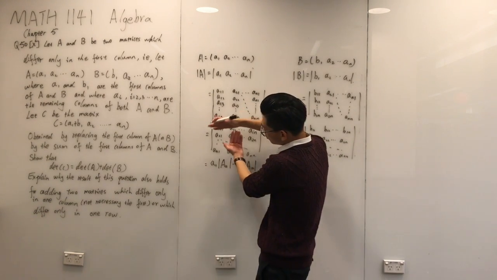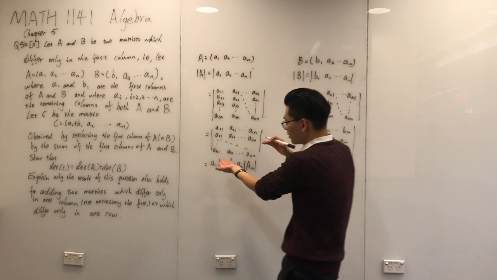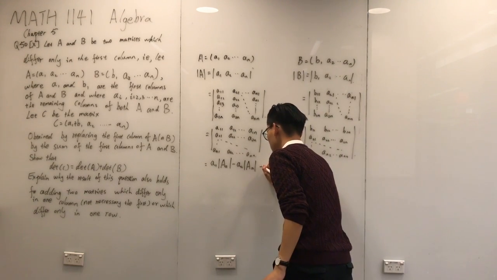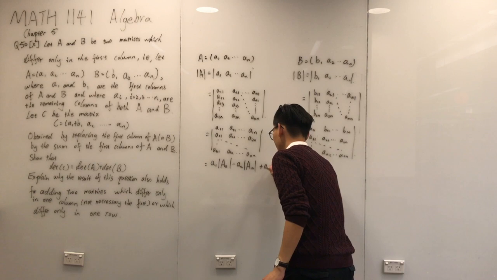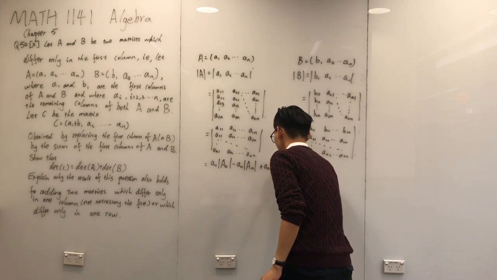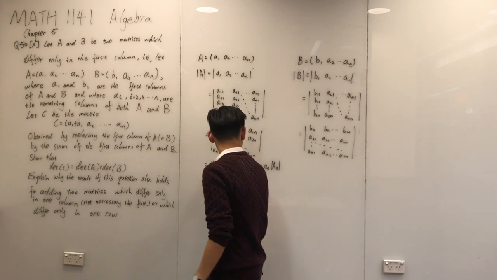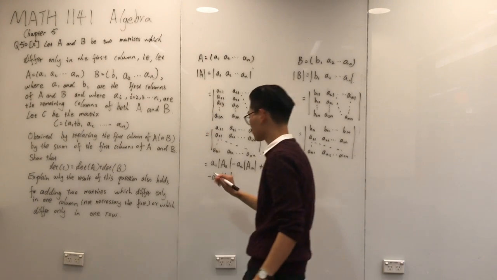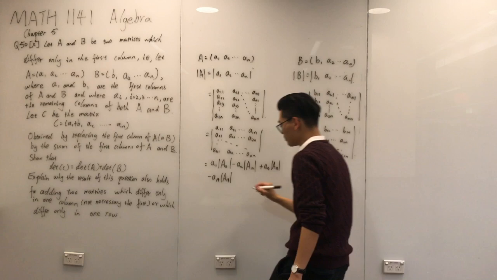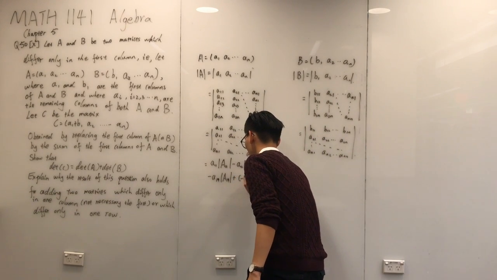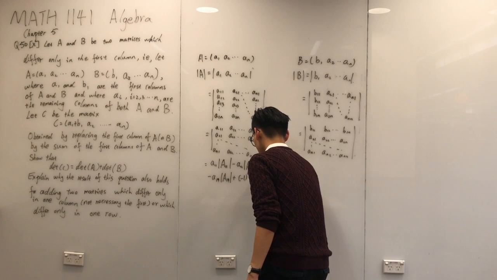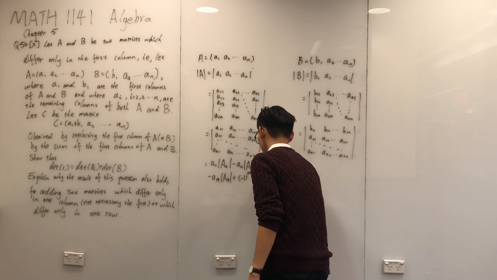So no first row, second column, and keep going, right? And plus minus. For example, plus A13, minus A14, and you keep going, right? So plus (-1) to the power of n plus 1, A1n.